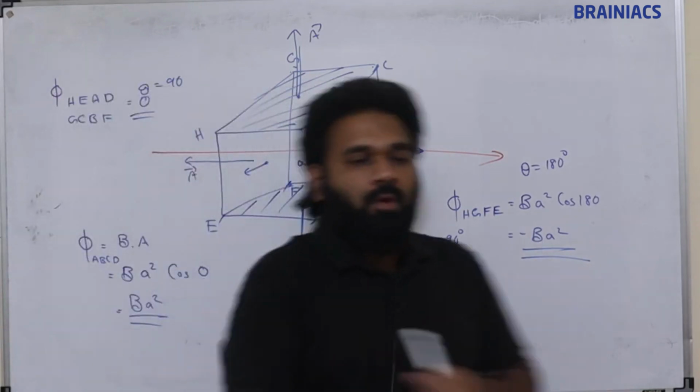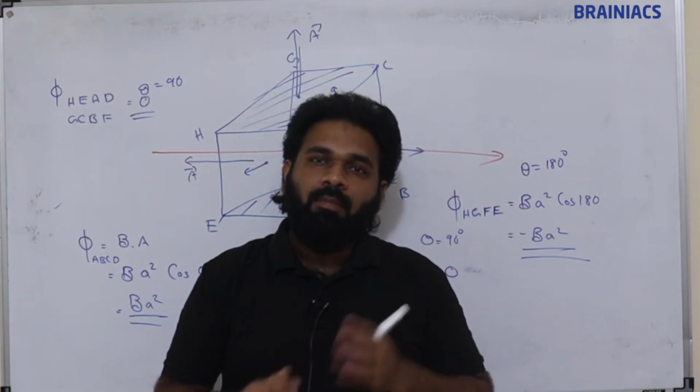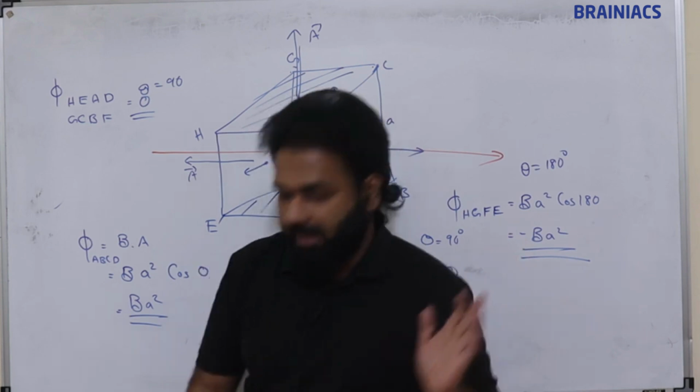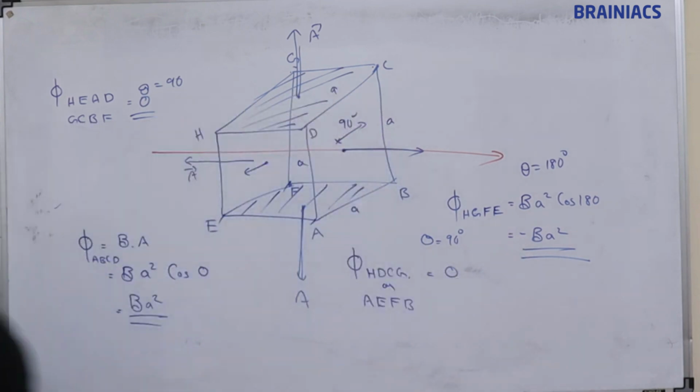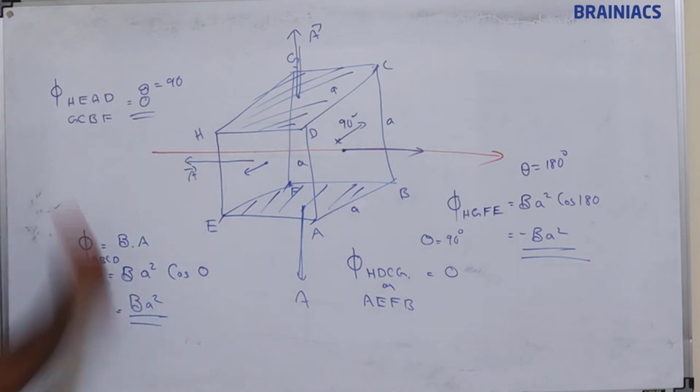Clear? Now I hope you are clear about how to handle the area vector and how to take flux. Clear, all of you? Shall we do the next question?